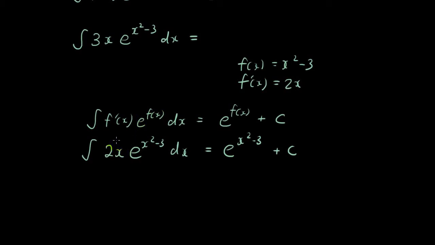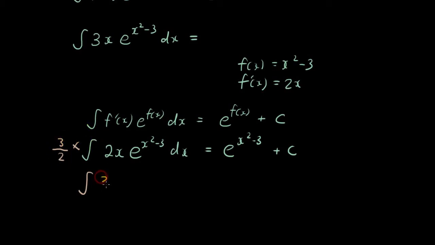So what can we do to turn this number from a 2 into a 3? We can simply multiply the integral by a constant. We're going to multiply it by 3 over 2. Because if we do that, the constant on the outside gets multiplied into the integral sign.